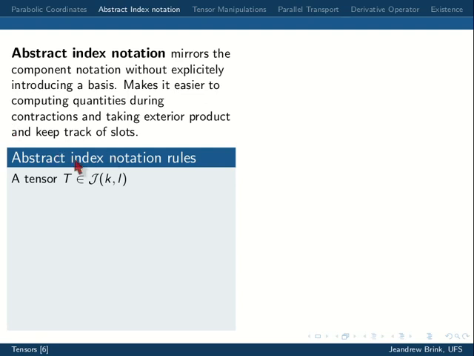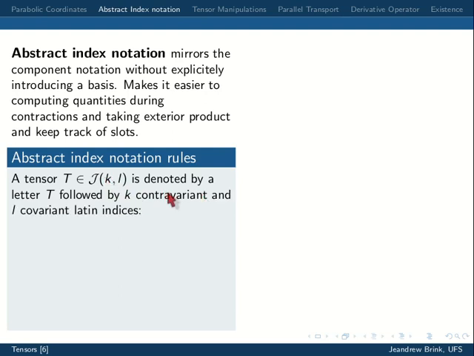So the abstract index notation works like this. Suppose we have a tensor with k contravariant and L covariant indexes. We're going to say, okay, fine, that's a tensor, and it's represented as T followed by the k contravariant indexes, and the L covariant indexes.